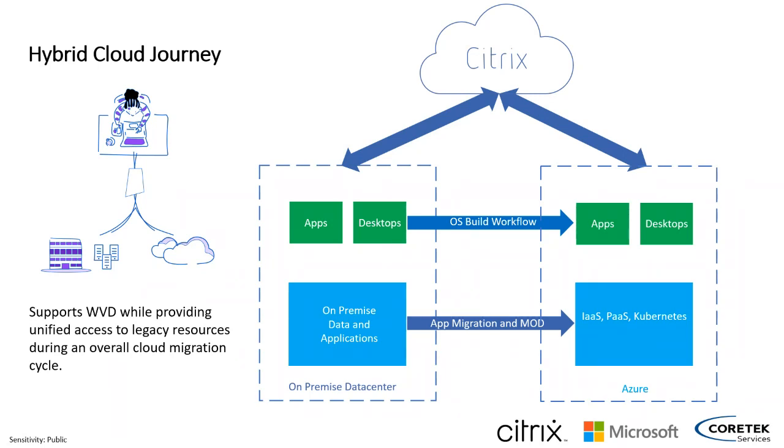And we've seen that journey at different levels of maturity in our customers so far. And it takes time. So as we have that user who is now likely remote and has a mix of resources, some on-prem and some now in the cloud, we want them to have a unified experience. And with Citrix sitting on top of WVD, we can enable that.